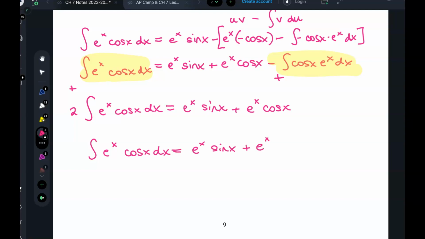Now you see why we only have, I think, 4 problems for homework. For this one, you would wait until you get the same integral on both sides. For something like this, if you have an e to the x and a sine or a cosine, you're gonna look for like terms.